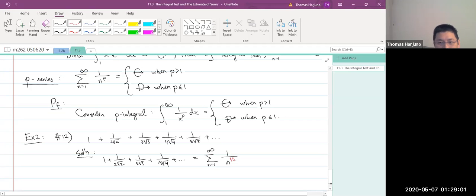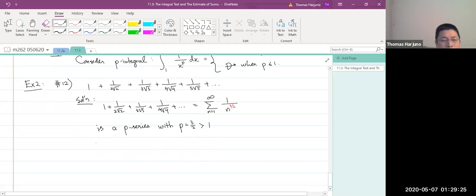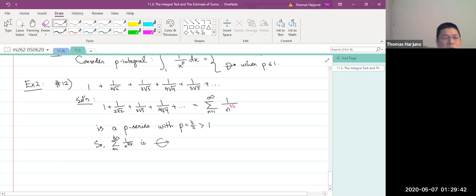You continue by saying that this is a P series with P equals 3/2, which is greater than 1. So this series is convergent, because P is greater than 1.